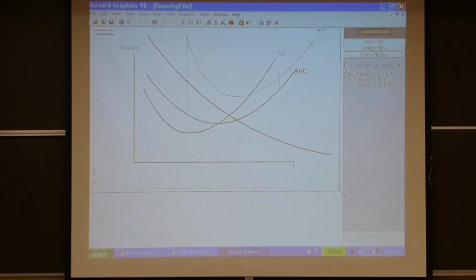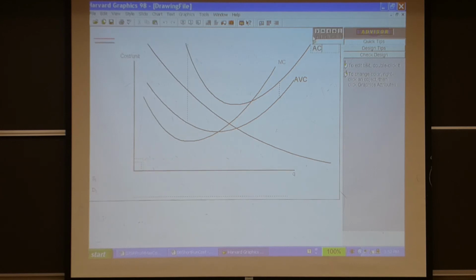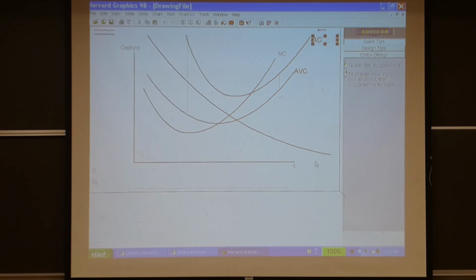There we go. Notice, the further I go out, the closer average cost is to average variable cost, because of course fixed cost is falling. Over here is average fixed cost.